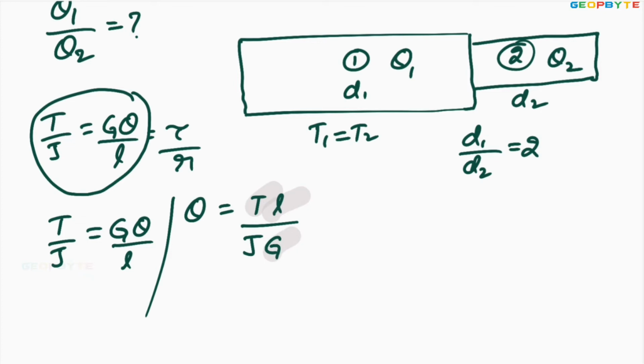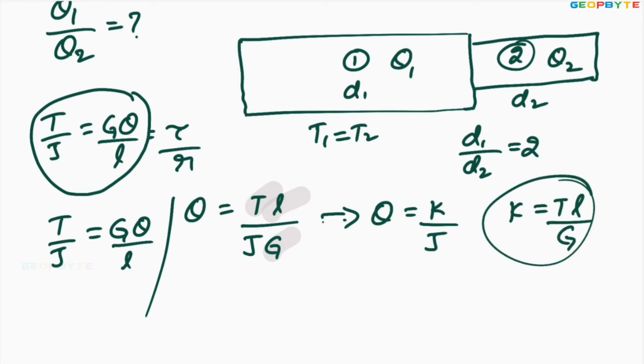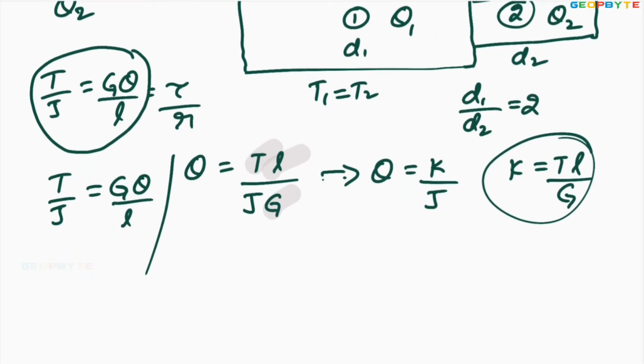From this I can write that theta equal to some constant divided by J. That constant K equal to TL by G. Everything is constant. Now from this I can write that theta 1 by theta 2 is equal to K by J1 divided by K by J2.